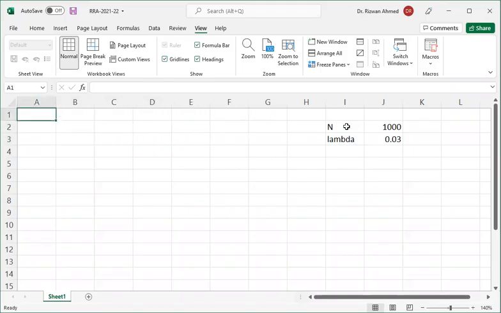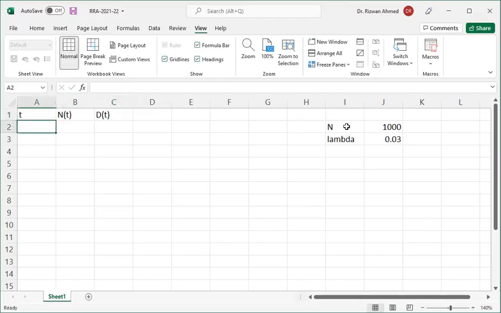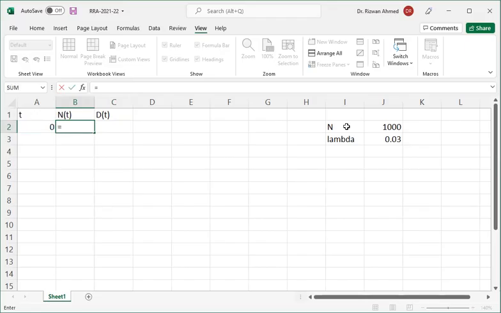So see, for the time, first column for time, this is for n of t, and I generate for e of t, right? Okay. And say start from 0. So this value was equal to j$2. So I have picked the value from that particular column, right?